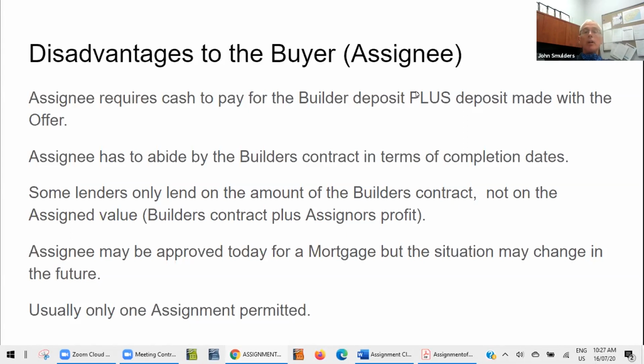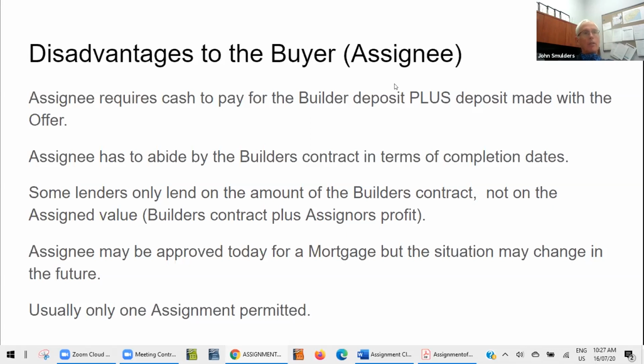Great question, Beta. In most assignments, the buyer pays the seller's profit on the completion date. Now, I have seen a few exceptions where the buyer pays the profit when the builder's consent has been given, but it is a little rare, okay, Beta? Most of them have the assignor's profit paid on completion.